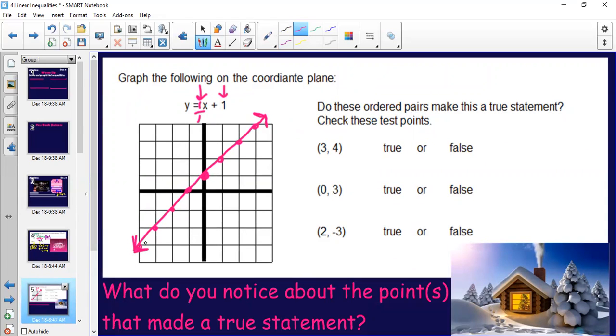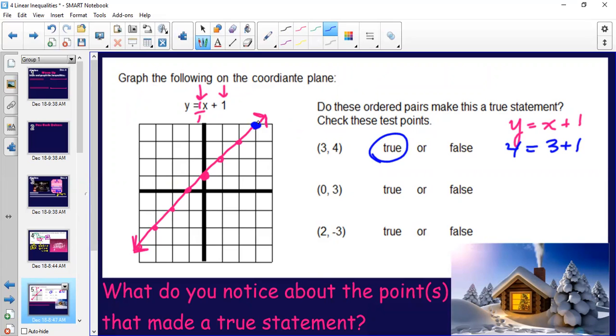Is the point 3, 4 true if I plug it into y equals x plus 1? Well, 3 plus 1, is it 4? That's true. Let's see where that point was. 3, 4. That makes sense, it was on the line.